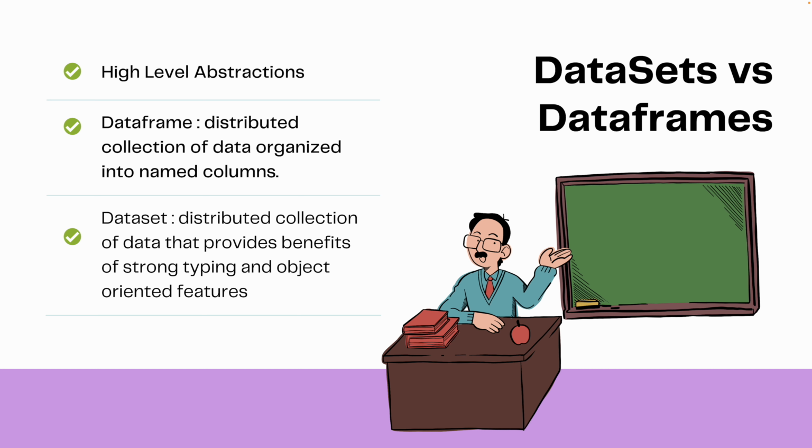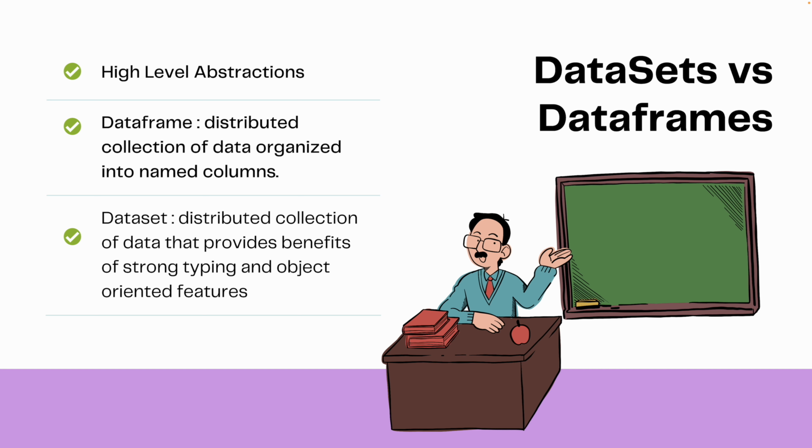In general, data frames are available in mostly all languages of Spark. It's in Scala, it's in Python, it's in R, right? Whereas datasets you will find only in languages which support compile time safety checks, like Java for that matter, and Scala, right?